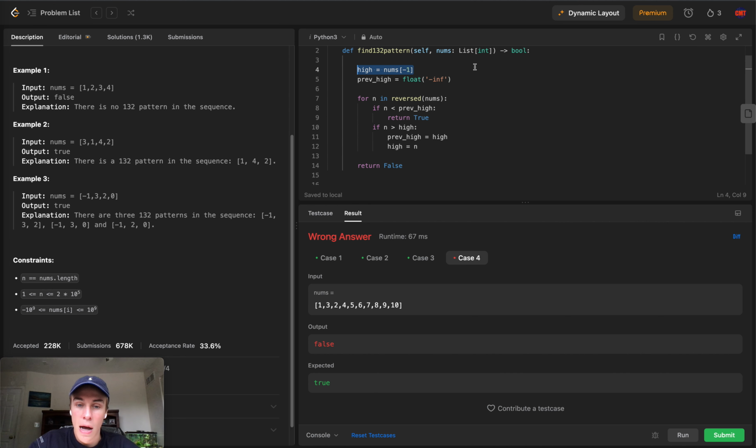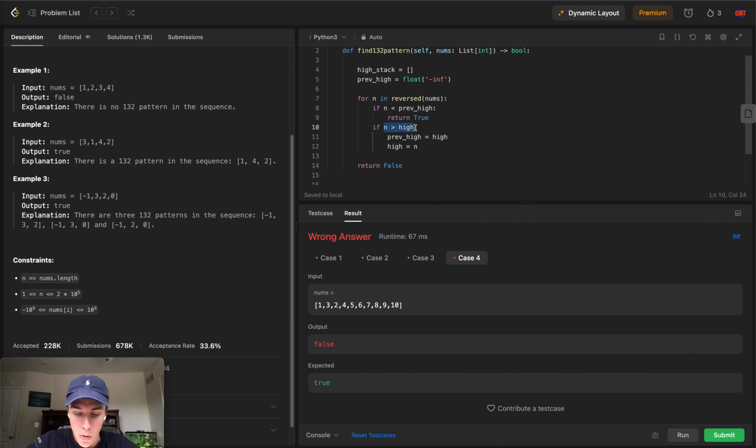So instead of high, we have a high stack, which is just equal to an array. We still do this reverse. We still do previous high.